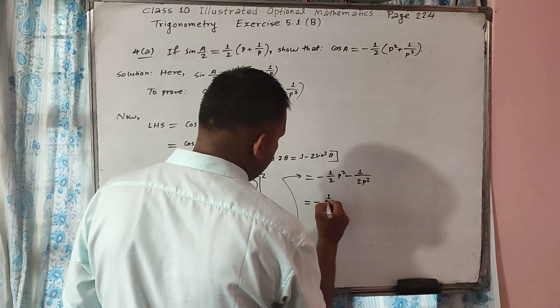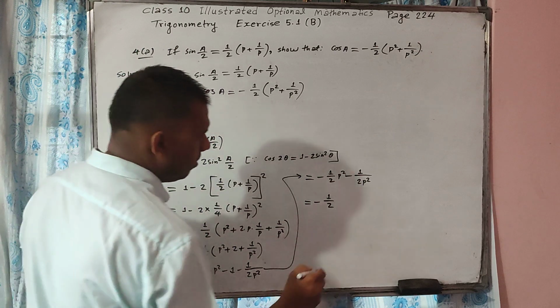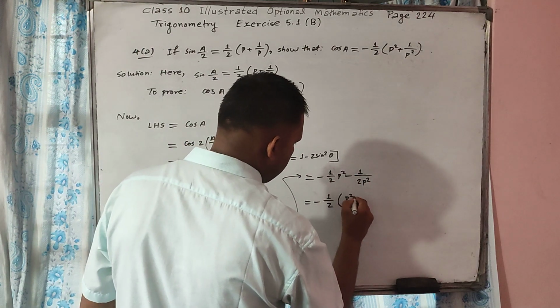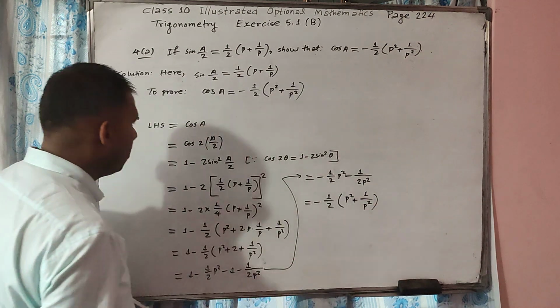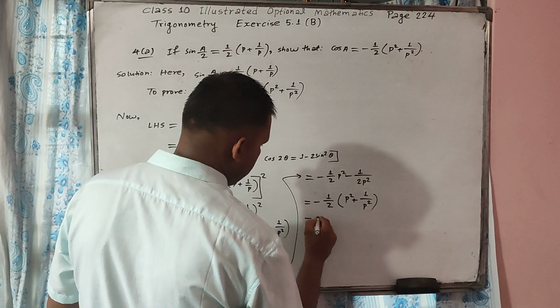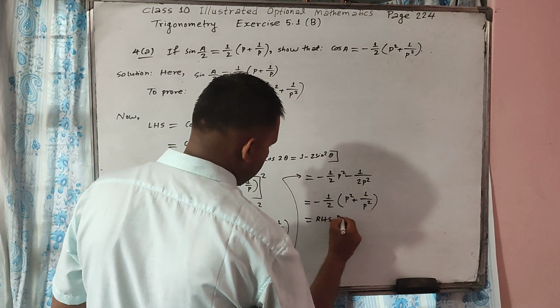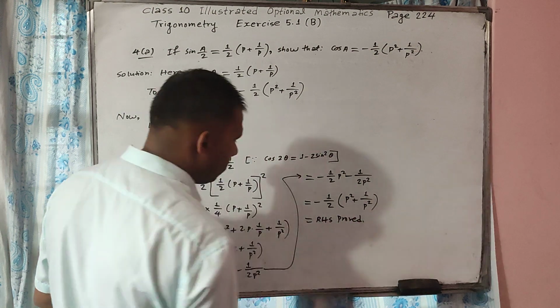Taking minus 1 by 2 common, remaining p square plus 1 by p square, equal to RHS. Hence proved.